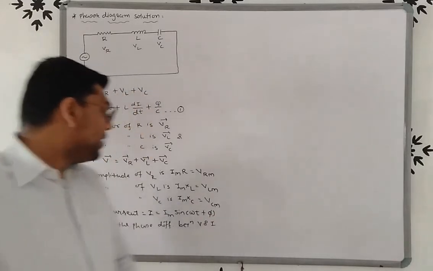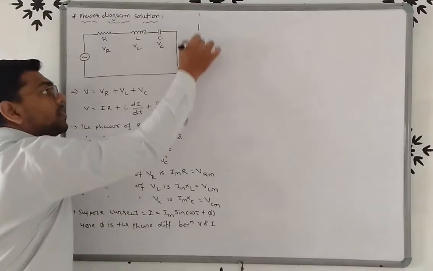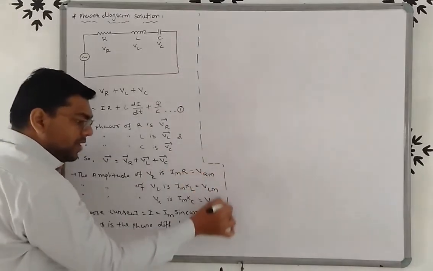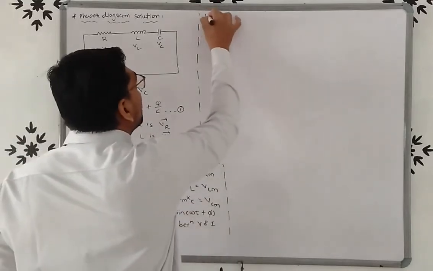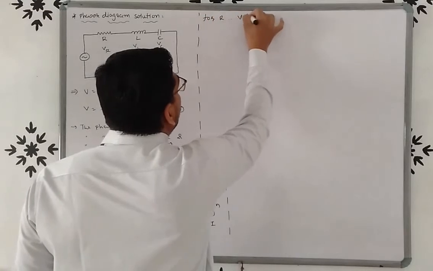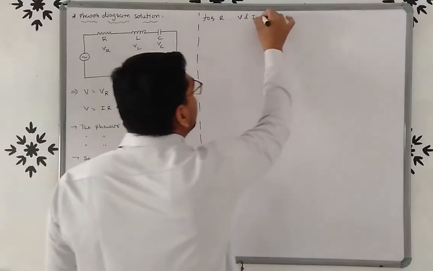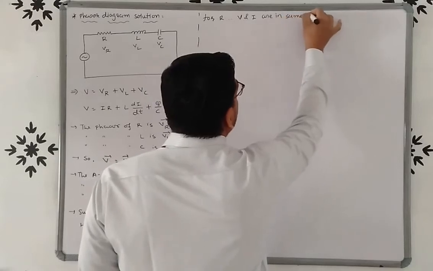Right. Now we know that for a resistor, V and I are in the same phase. Right. So for R, voltage and current are in the same phase.